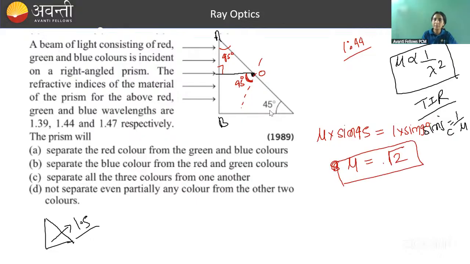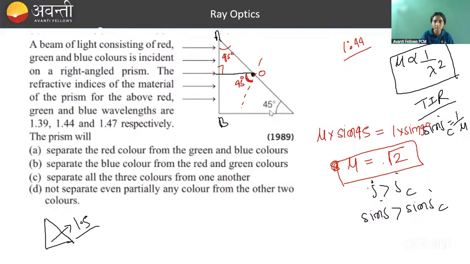So if the refractive index is root 2, we will get total internal reflection. For total internal reflection, I should be greater than IC, that is sine I should be greater than sine IC. And sine IC here is equal to 1 by mu.